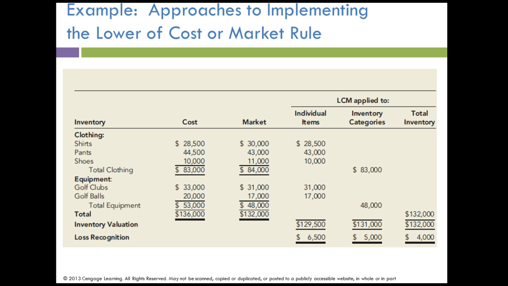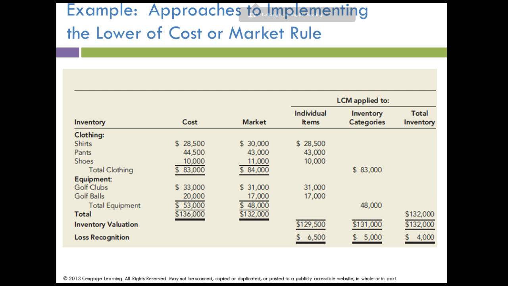So as you see, based on individual items, our lower of cost or market is the lowest figure, 129.5, which ultimately means we'd have to write off 6,500 there based on our cost. But if we take inventory categories, we're only writing off 5,000.